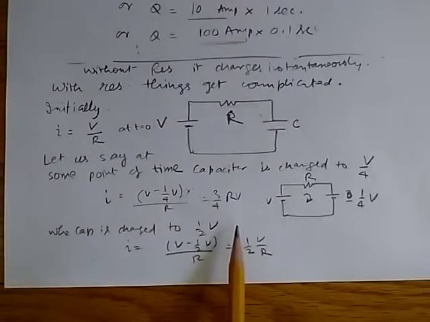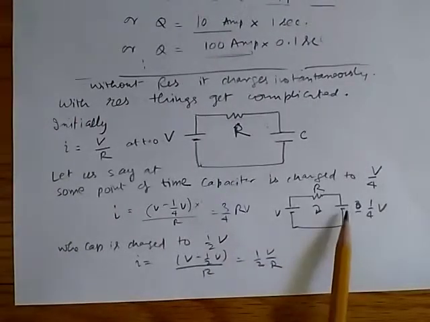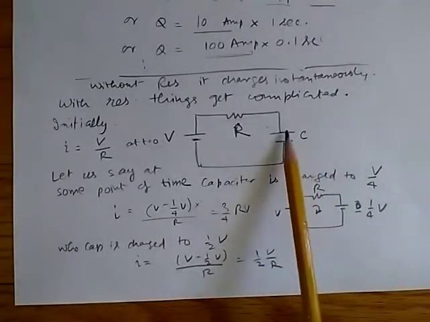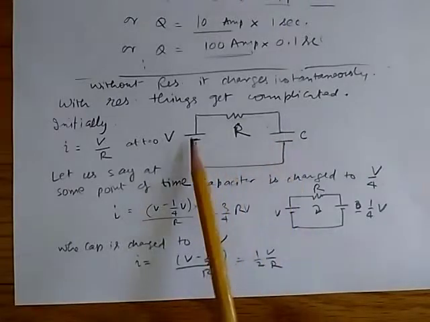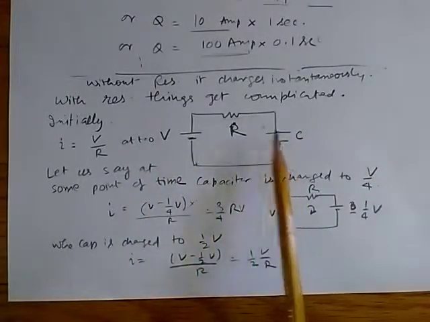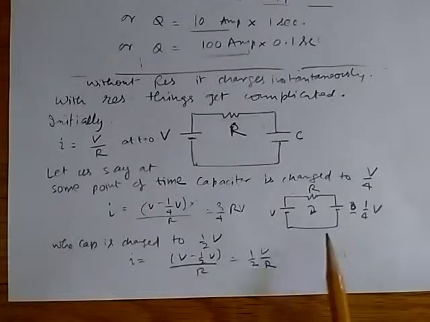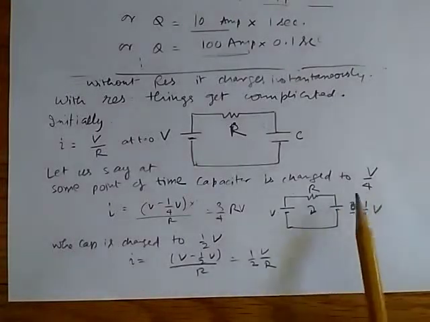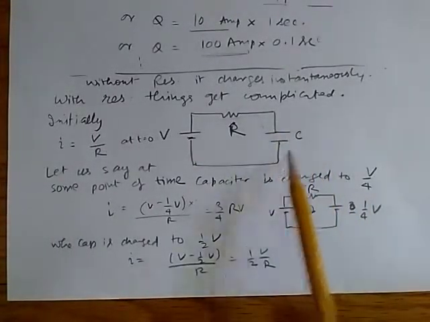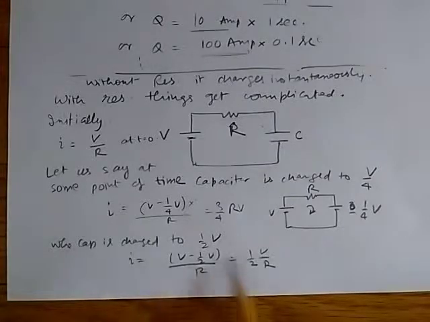Now let's say some more time passes and the voltage across this capacitor increases to half of V. In that case, the current becomes (V minus half V) divided by R, or half of V/R. And if the voltage across this capacitor increases to 3/4 of V, then this I will become 1/4 of V/R.